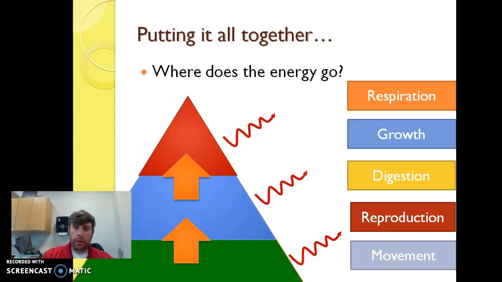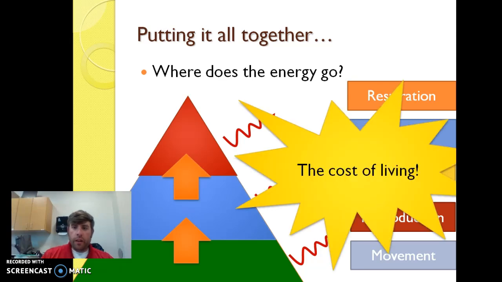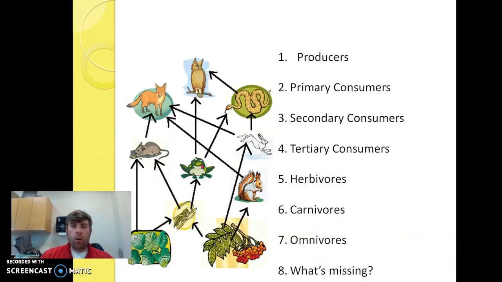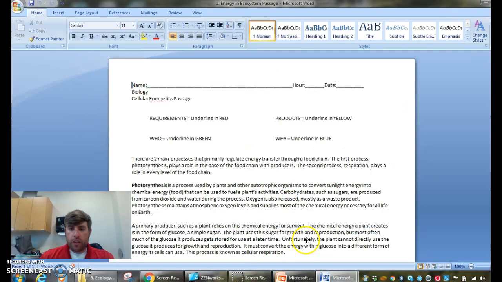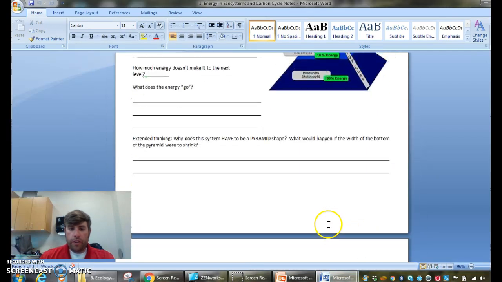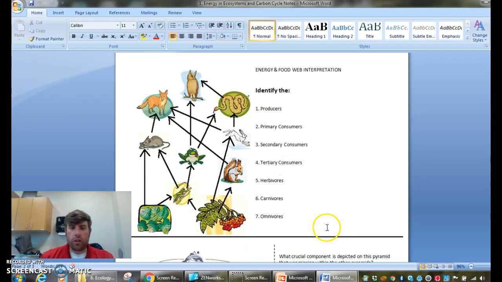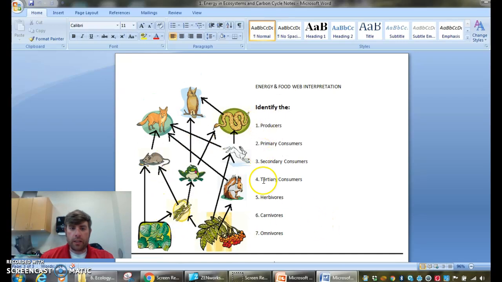If you need to write these down, please pause the video. These are the costs of living, all of these things. And like I said, you could probably name a couple more. Now, what I need you to do is on your note sheet, there is a section where I want you to put the numbers next to these organisms.